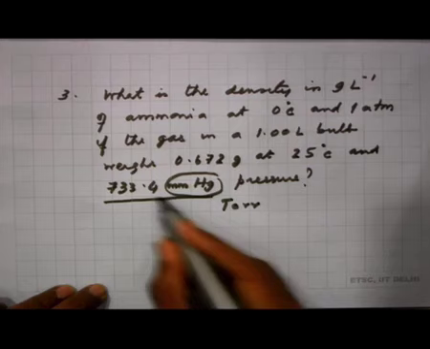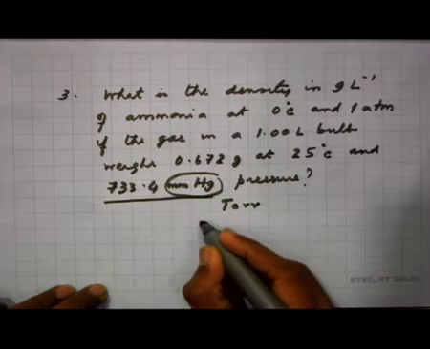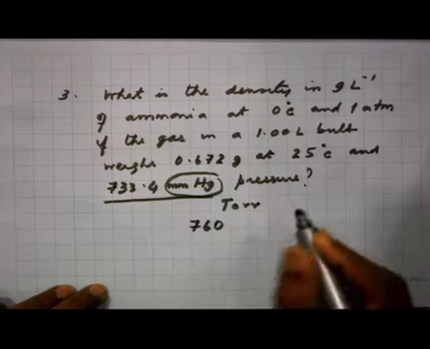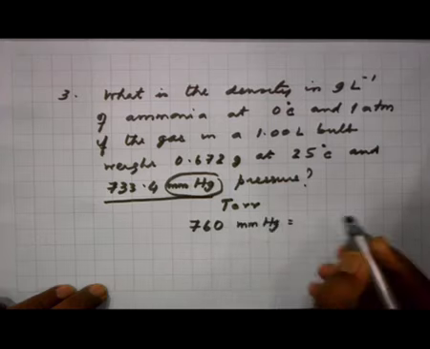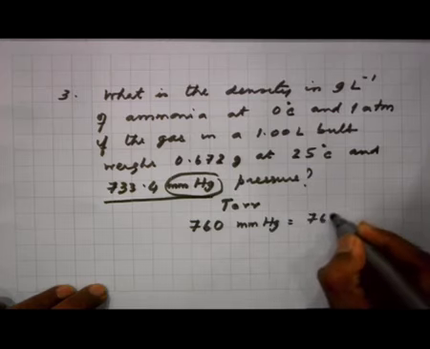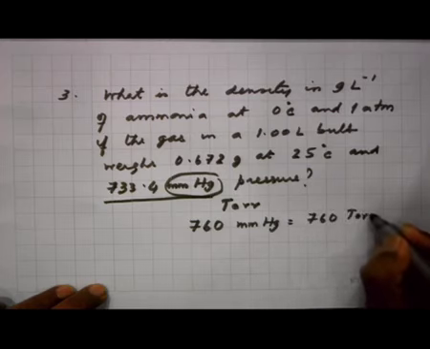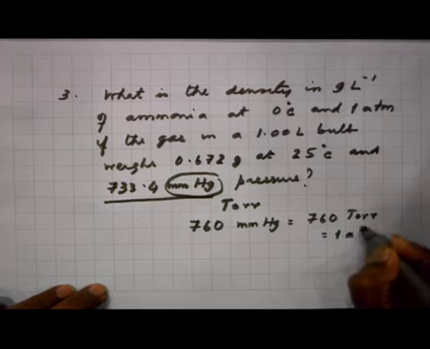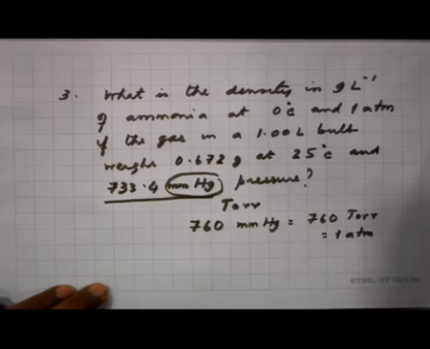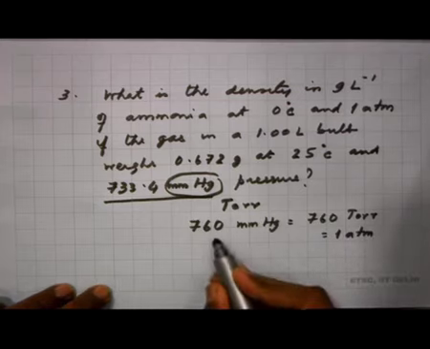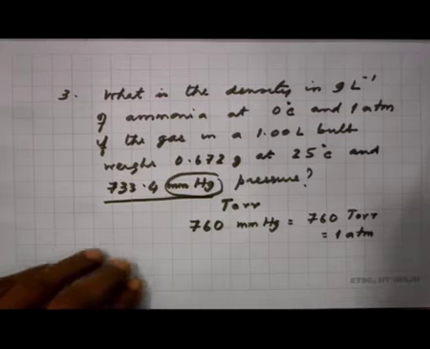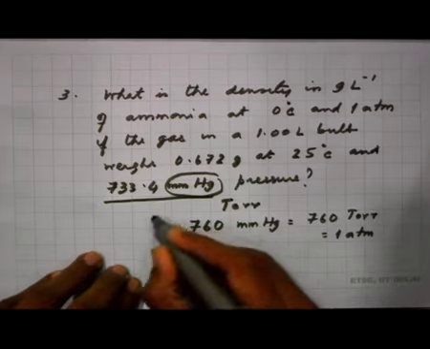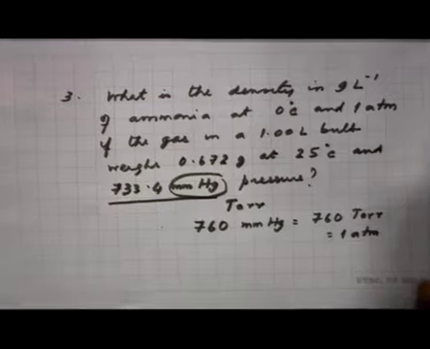So, 733.4 torr, and we know that 760 millimeters of mercury equals 760 torr equals 1 atm. You should be able to convert from one unit of pressure to another. So, that is the first thing that we will need to do, to be able to convert pressure from one unit to another.